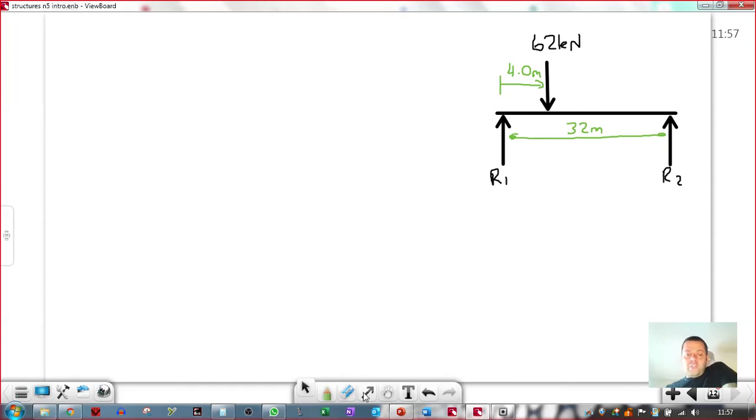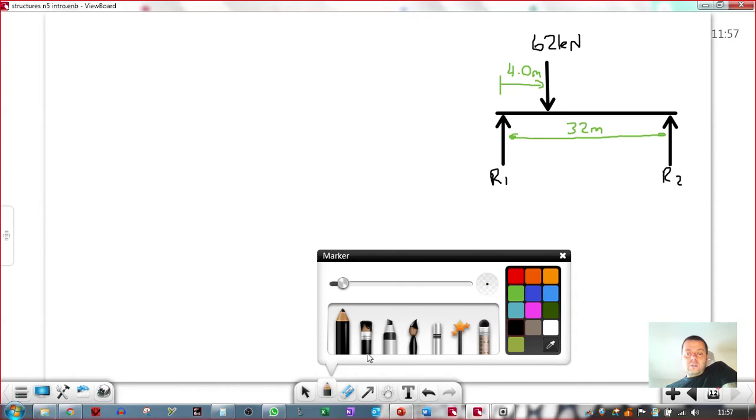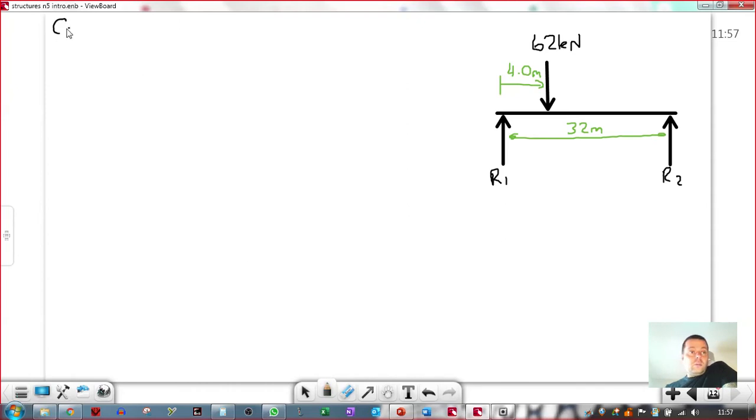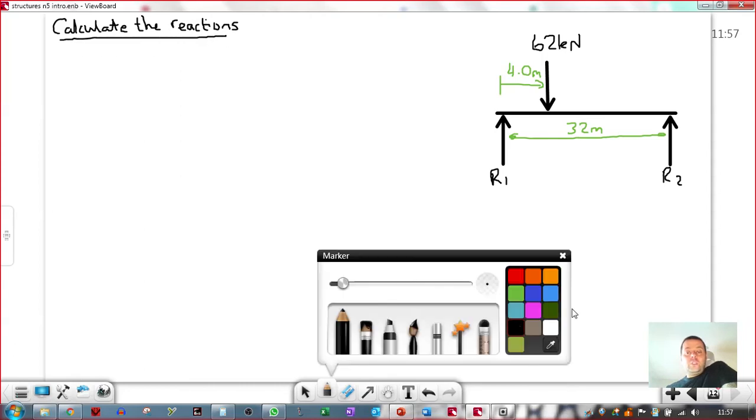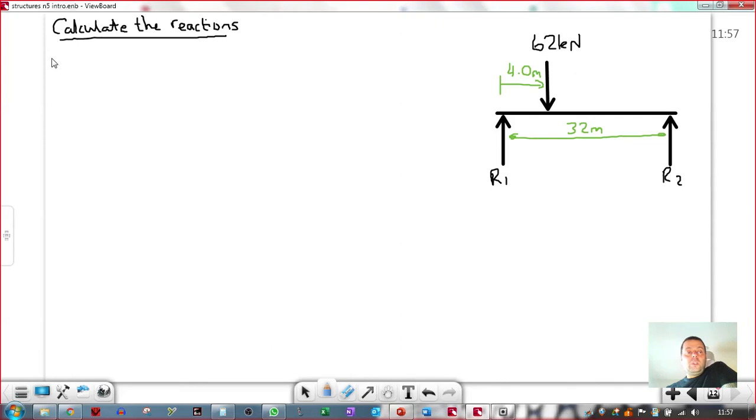So if the question is calculate the reactions, then what you're going to do is pretend one reaction, doesn't matter which one, is a fulcrum.